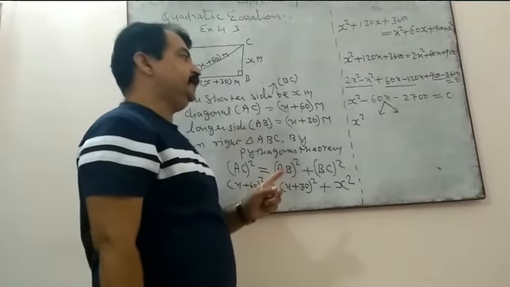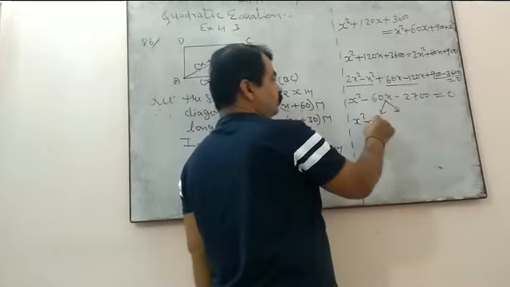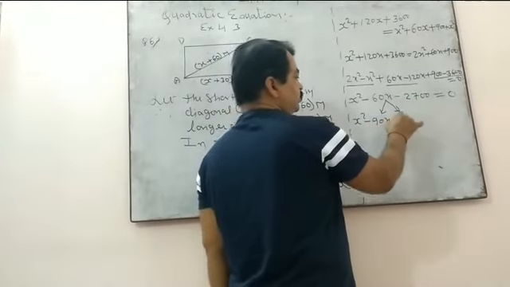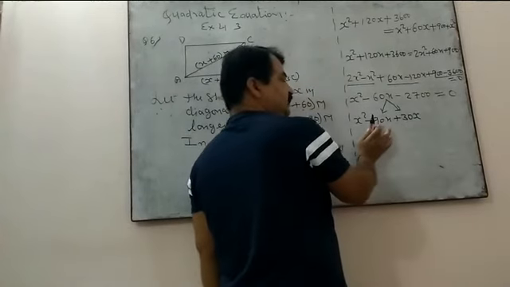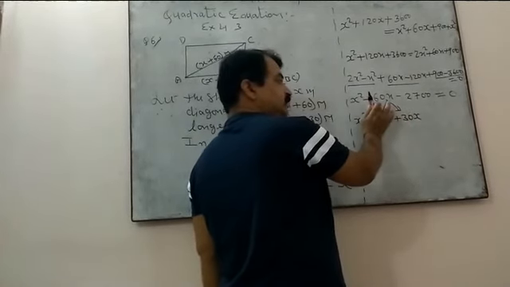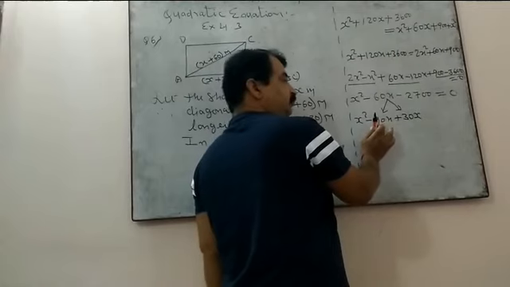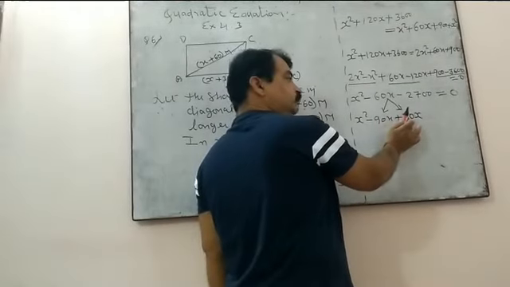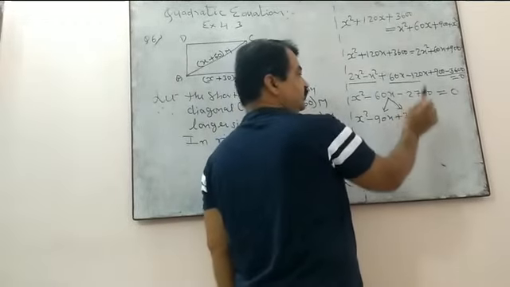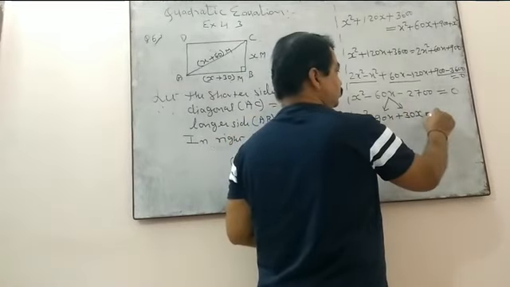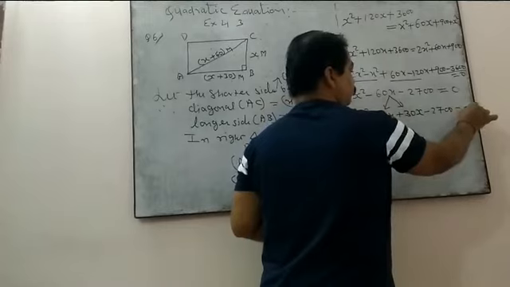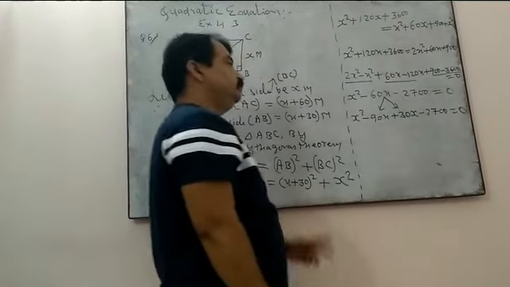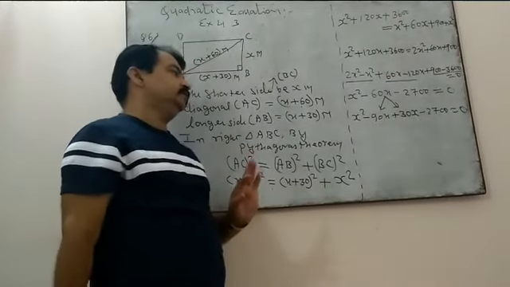So minus 90 plus 30. Minus 90 plus 30, I will get minus 60, and when I multiply minus 90 into 30, 9 times 3 is 27, I will get minus 2700, right? So I have factorized the 2700 into 2 factors, 90 and 30.